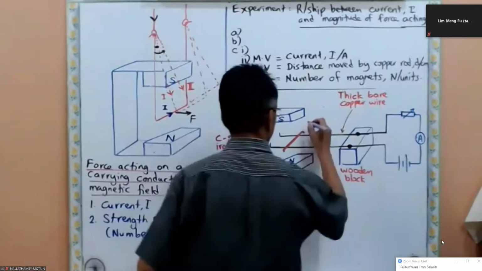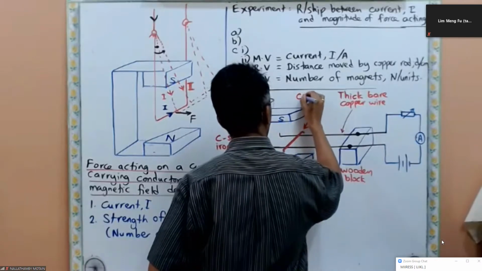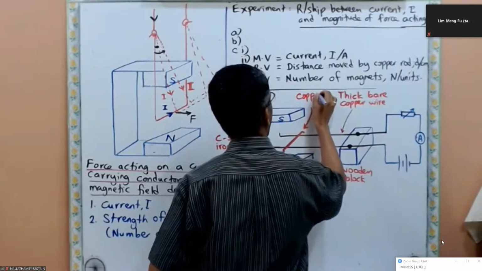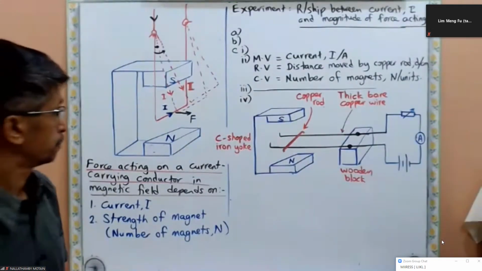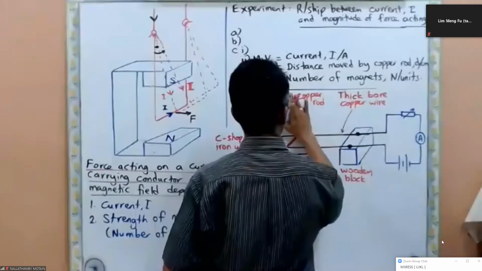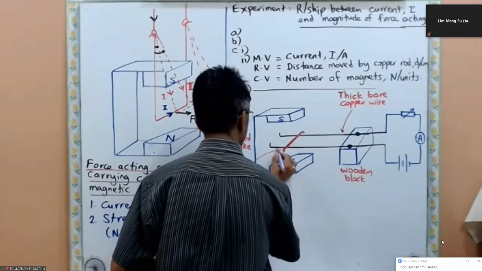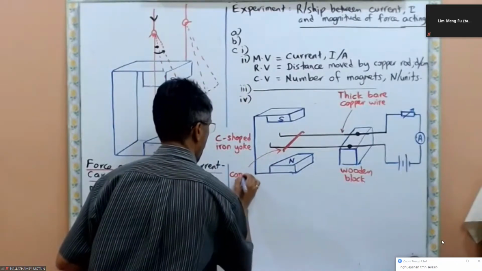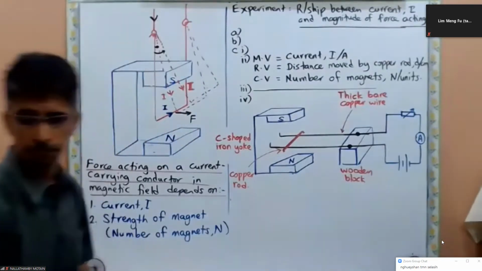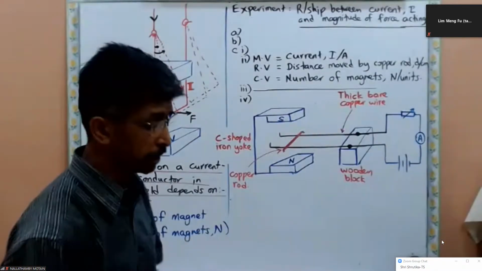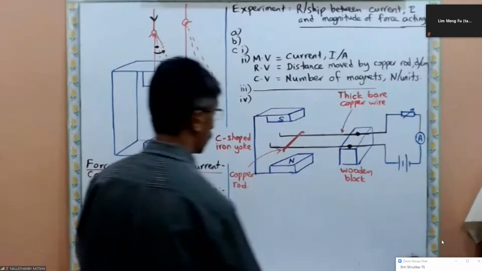Copper rod. This one represents copper rod. I think they won't teach this in school, but it's important for physics. Experiment is important. 12 marks will be given. Okay, copper rod.